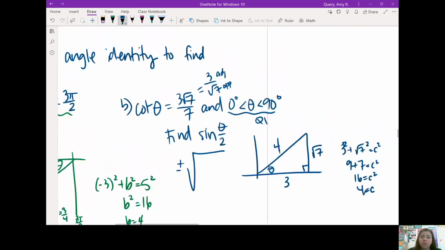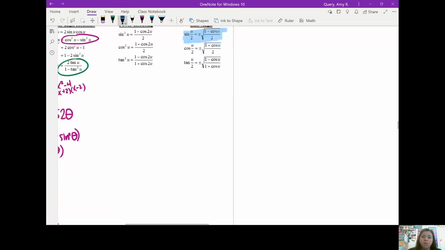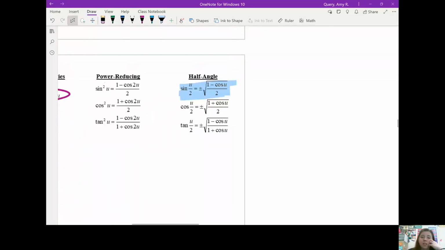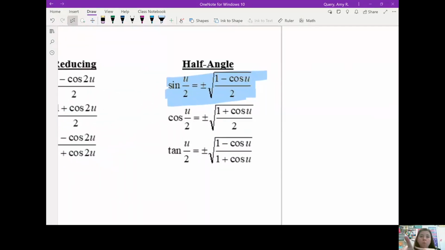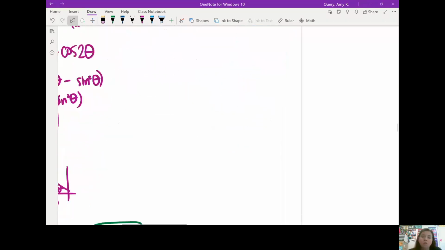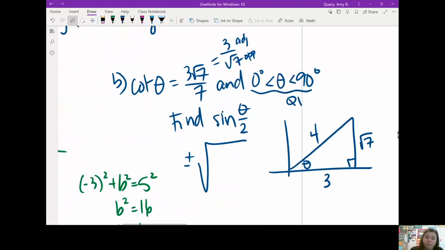So again, I'm just going to scroll up here to the top. Ooh, it's still highlighted from the last lesson. So plus or minus the square root of 1 minus cosine of the angle over 2. So we're looking right here and we want to decide, is it plus or is it minus?